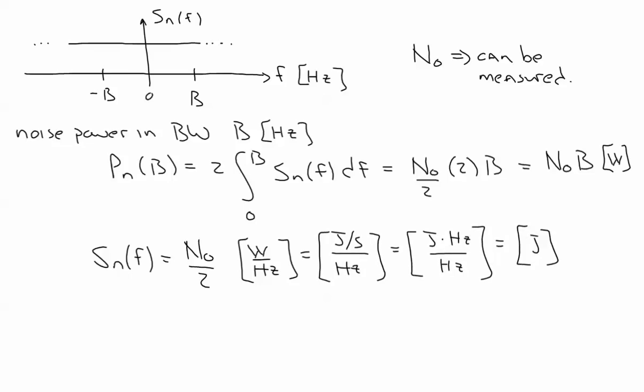Turns out that the units of power spectral density could also be called joules. Sometimes you'll see that. Not often. More often than not, you'll see people characterize the units of power spectral density as watts per hertz. I actually prefer watts per hertz because it demonstrates that I'm spreading power over a frequency spectrum. But if you simplify watts per hertz, you come up with joules. So if you see that, don't be freaked out.